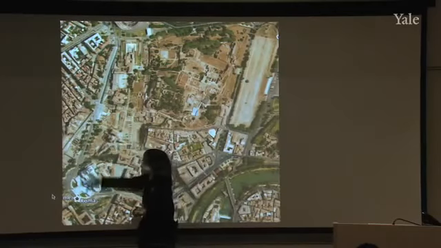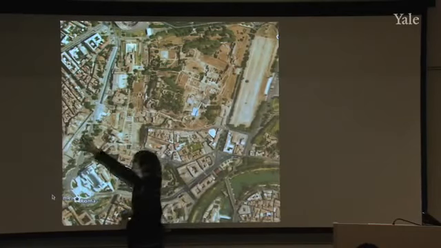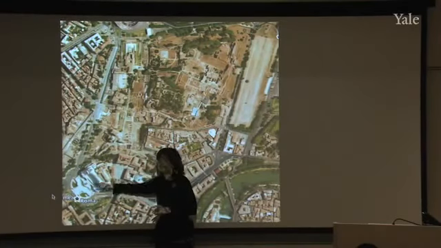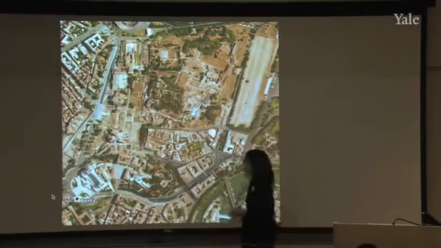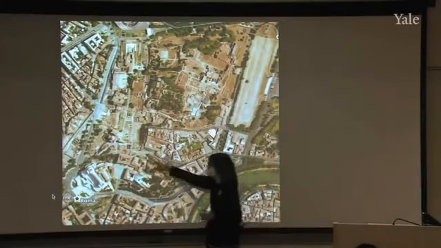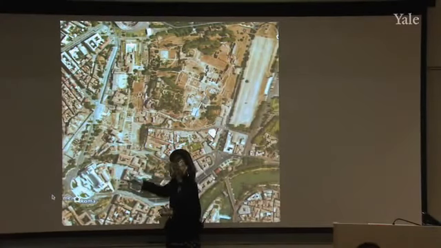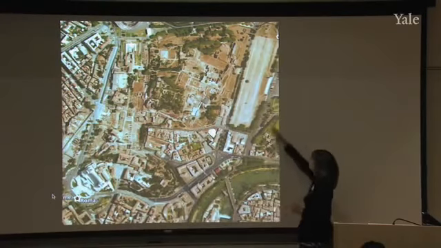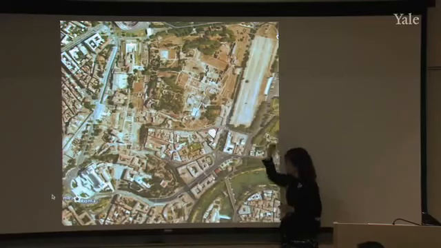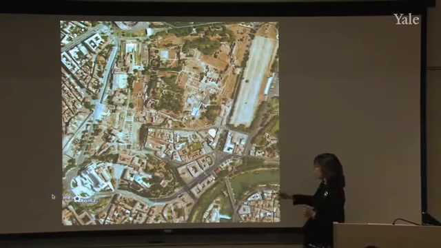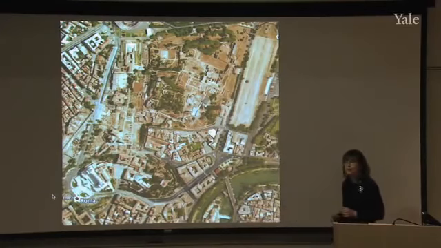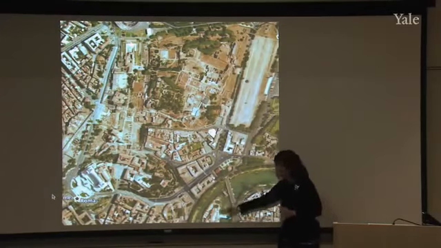The great Via dei Fori Imperiali of Mussolini over here. The Imperial Fora here. The wedding cake of Victor Emmanuel, the Vittoriano that I showed you last time, over here, the more modern building. The Capitoline Hill, you can see the oval piazza of Michelangelo right here, and the Circus Maximus over here. And for any of you who've been to Rome, the Isola Tiberina, that wonderful little island that one can cross the bridge to get to in Rome, down here.